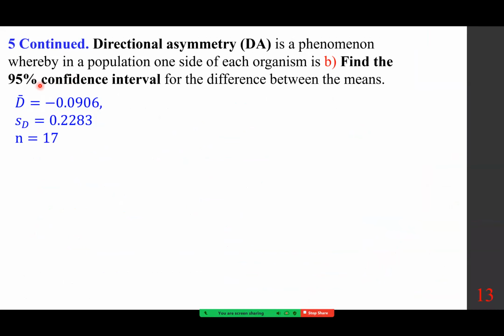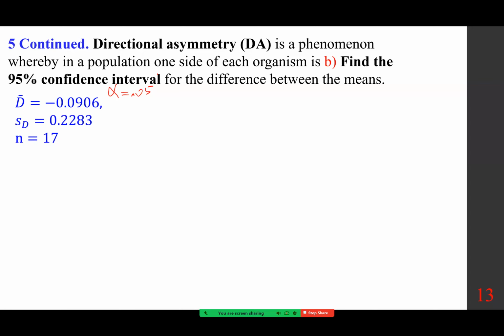All right, let's come up with the 95% confidence interval. As you recall, alpha was 0.05, and we were dealing with the two-tailed test.